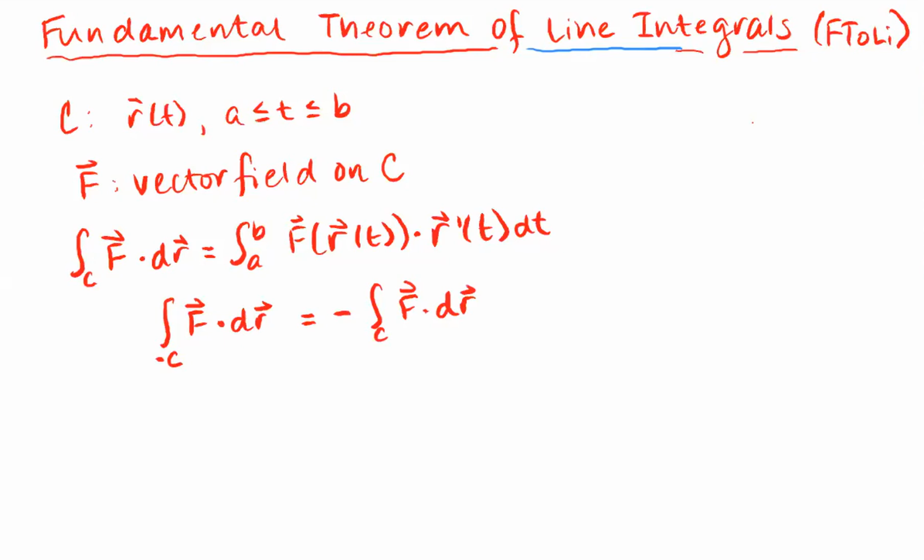And then also, way back in the beginning of the chapter, we talked about F being a conservative vector field if F is the gradient of some function little f.